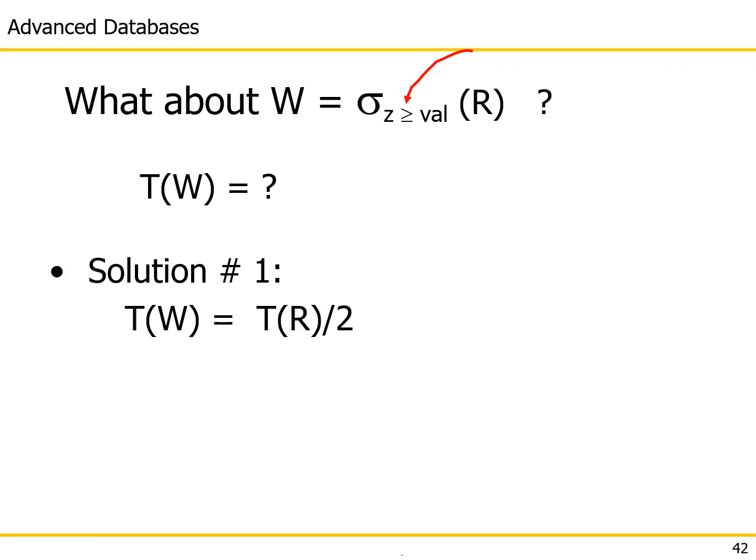Okay. And historically, this has been an interesting activity for researchers. So there are actually 3 solutions that people have adopted. Remember, we're just estimating things. We're not really after the accurate number.